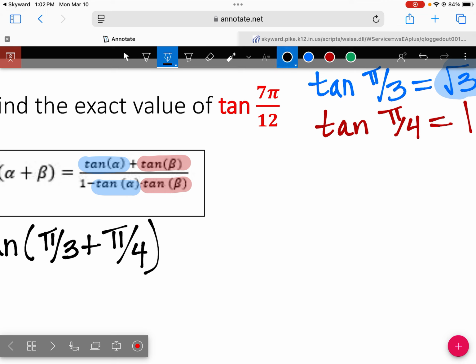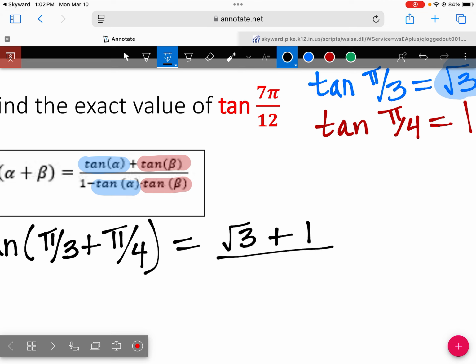So what I have is, now I'm ready to go. I have, so the tangent of 7 pi over 12 is going to be the square root of 3 plus what? What's the tangent of beta? 1.